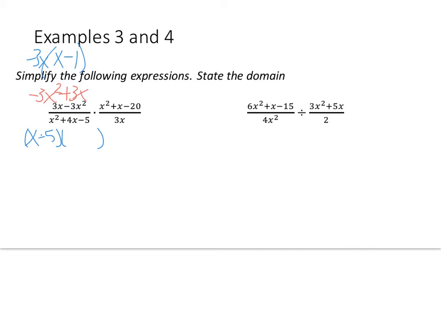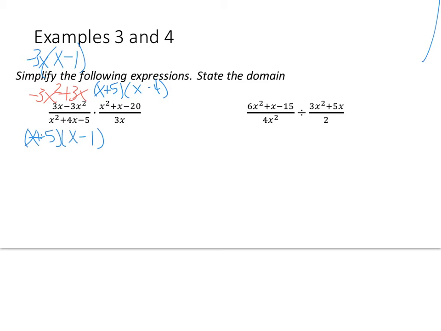So that gives me x plus 5 and x minus 1. On the other side, I have x squared plus x minus 20. My two numbers that would multiply to negative 20 but add to 1 would be x plus 5 and x minus 4. And then on the bottom, I just have a 3x.